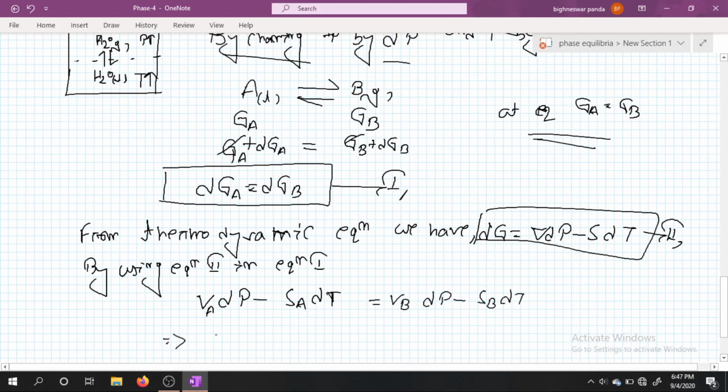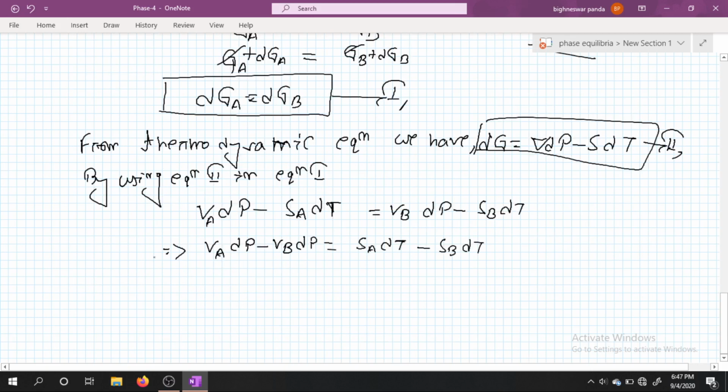On variable separation, VA dP minus VB dP is equal to SA dT minus SB dT. By taking dP common, I have VA minus VB will be equal to SA minus SB dT.